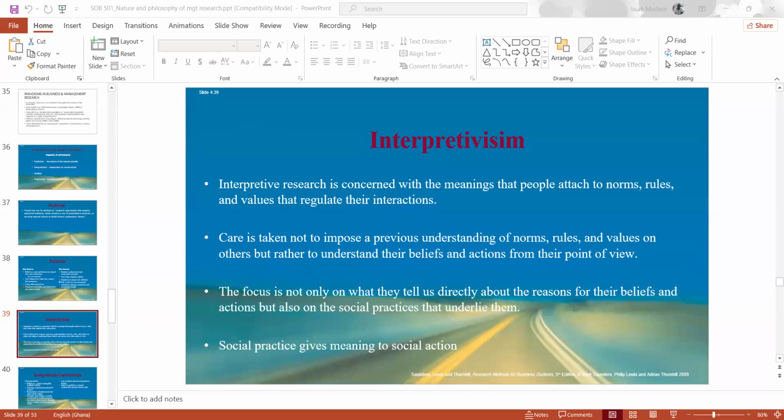Okay? So social practices are viewed to be what give rise to social reason. Okay, social practice will give meaning to social action, and the researcher has to be aware of that.